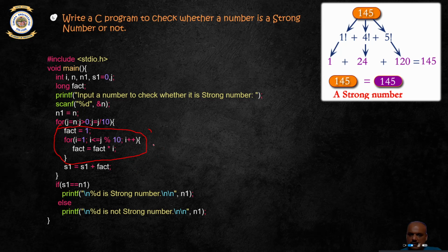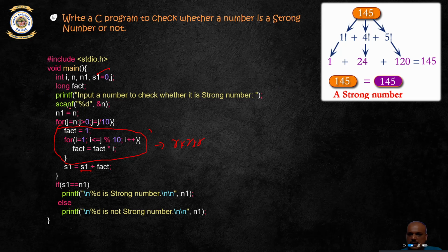In the earlier piece of code, this was just r into r into r for the cube, but now I need to do a little bit more in order to calculate the factorial. Once the factorial is calculated, it is added to the sum, which I call s1, and I say s1 is equal to s1 plus fact.